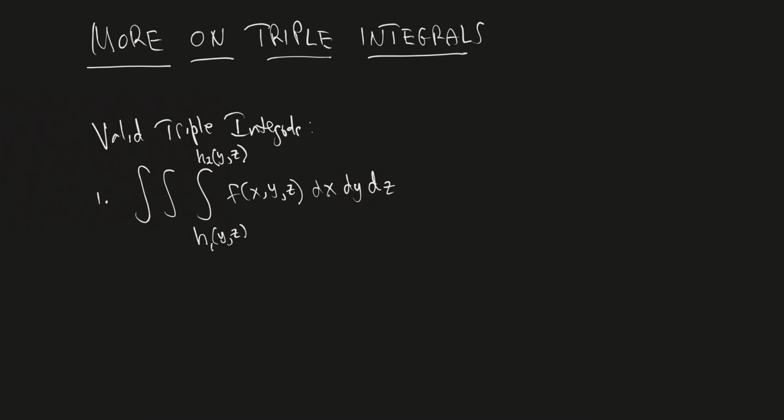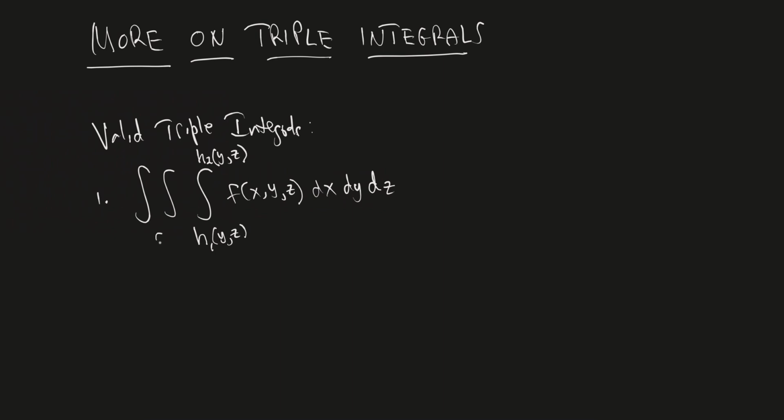So if I start with an x, these are what my first pair of limits could look like. Then, after I do that integration and we simplify, the second integral would be with respect to y. That means the second pair of limits, because there's only going to be dz left, could only have the variable z.